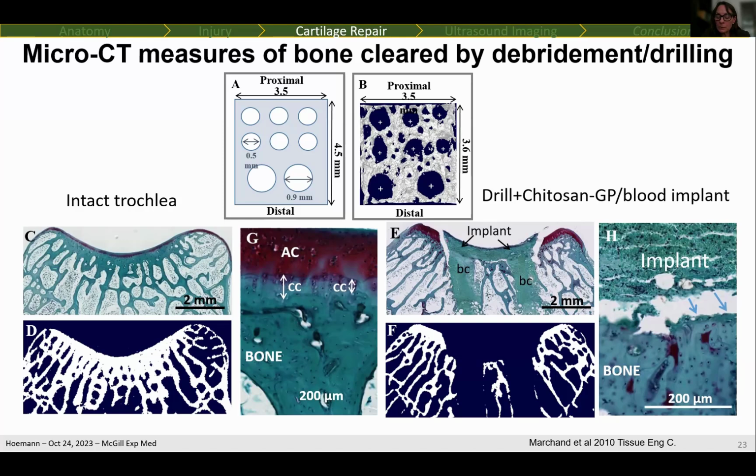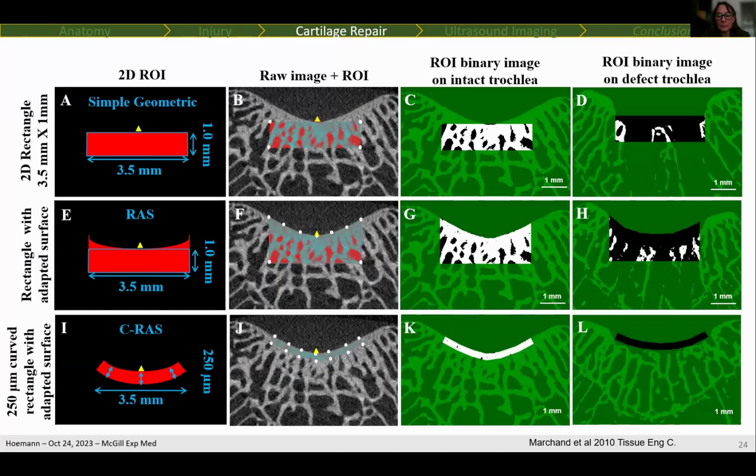So she wanted to quantify how much bone was actually removed by this debridement and microdrilling. And what she found was that existing micro-CT models were able to measure this inadequately, because typically people used a square or rectangular cube, but the surface is curved. So she came up with two new models.